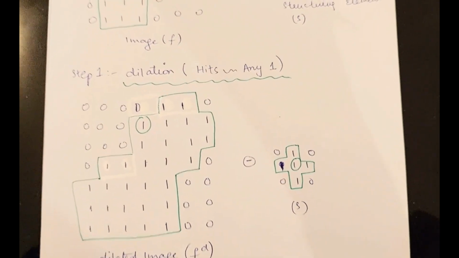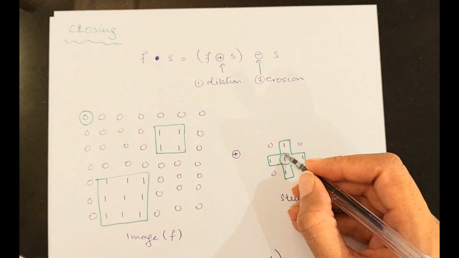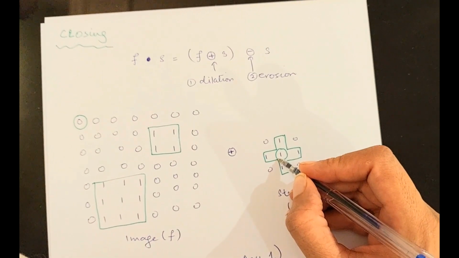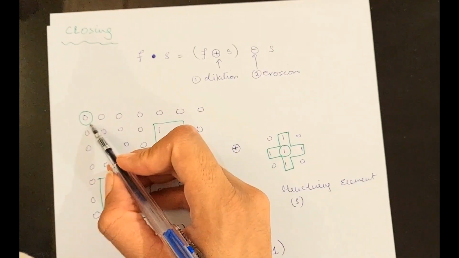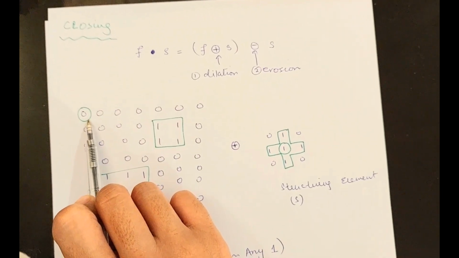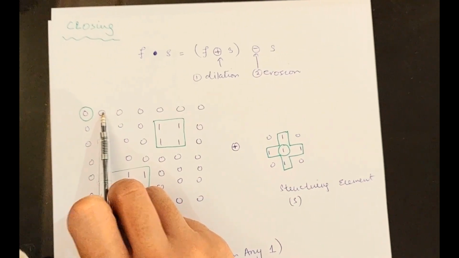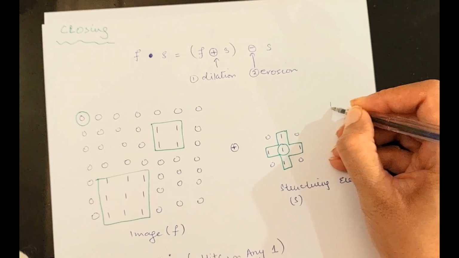When we perform dilation, you simply have to place this structuring element's central pixel one by one onto your background pixels. When I place this one on this 0, I am not getting any 1 on any side. We know that dilation works on the principle of hits.